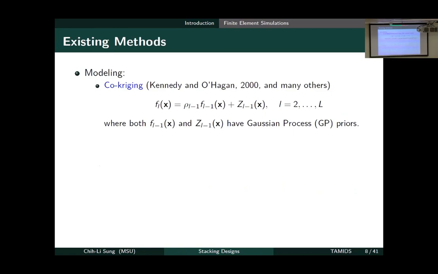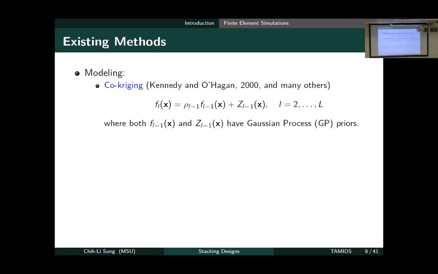So let's talk about existing methods. There are 2 most common, popular approaches. One is the autoregressive model, or co-kriging model, which was proposed by Kennedy and O'Hagan in 2000, and there are many applications using this model. The idea is that I have this low fidelity simulator and this high fidelity simulator, and I build the relationship using this scale factor and this discrepancy function.